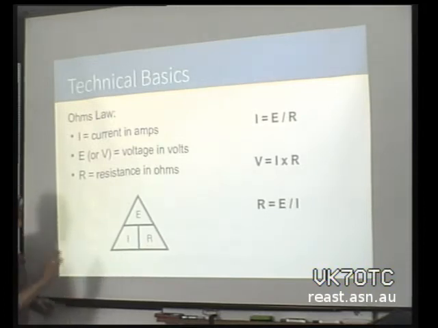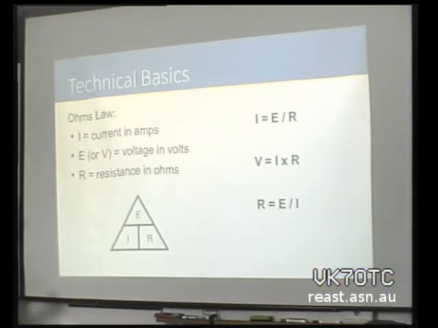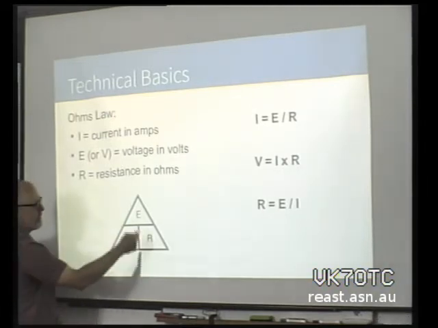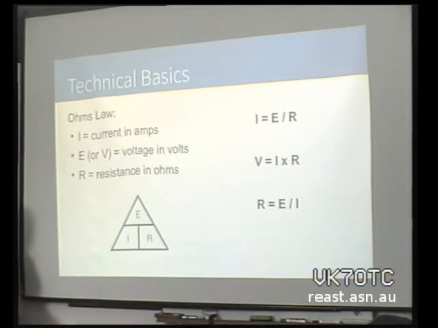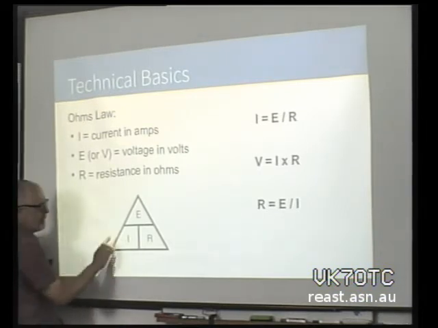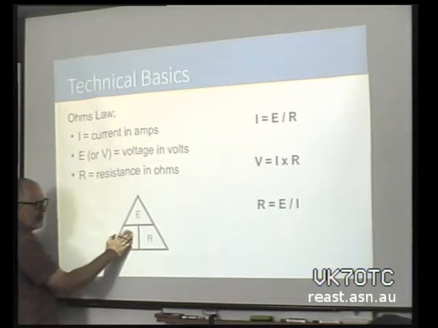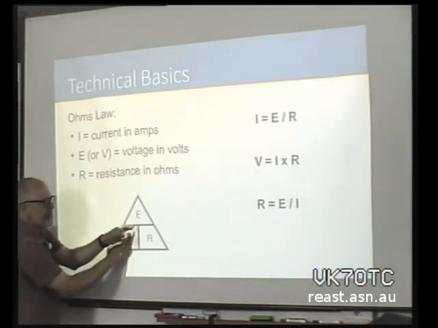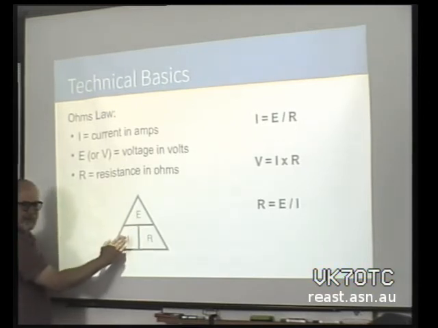If you cover up the one you don't know, so if you're given in a question a voltage and a resistance and it's asking you what the current is, you cover up the one that you need to know, and what it's telling you is the formula to work out the current is the voltage divided by the resistance.